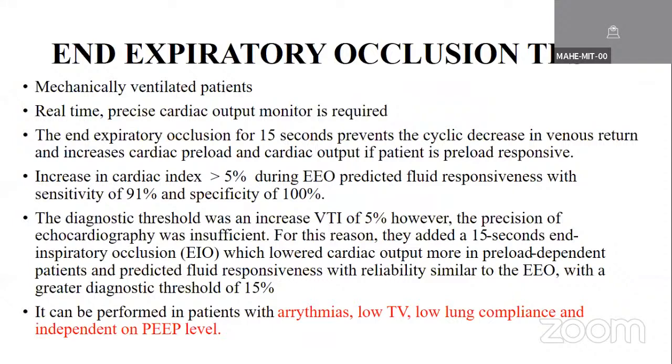Next, coming to the end expiratory occlusion test. For this, the patient has to be on mechanical ventilation, and we have to use a real-time precise cardiac output monitor. Similar to measuring the auto PEEP, we keep a 15-second pause at the end of expiration, and what it does is it helps to prevent the effect during the next inspiration, as I already told, that increased intrathoracic pressure can cause decreased venous return.